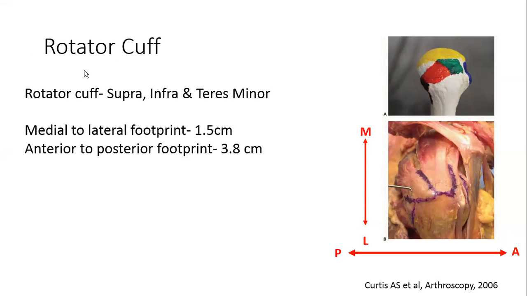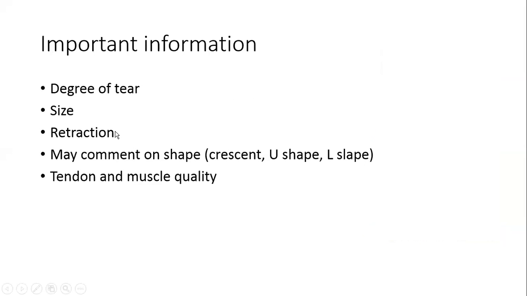So when you're scanning shoulder, rotator cuff, and you're looking for any tendon defect or tendon pathology, which can be tendinosis or partial tear or full thickness tear, there are some important points that we are looking for. First is we are trying to define what's the degree of tear, if there is a tear.